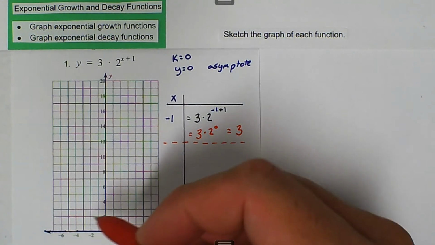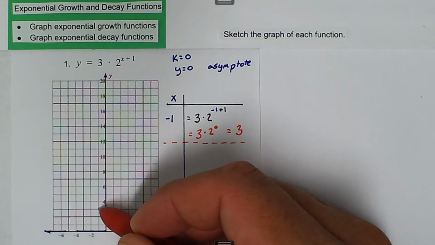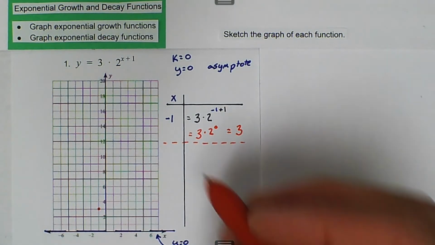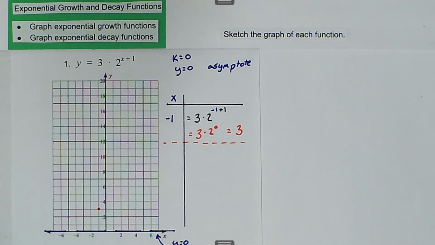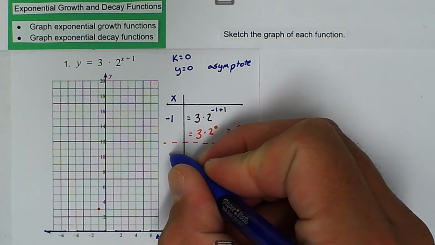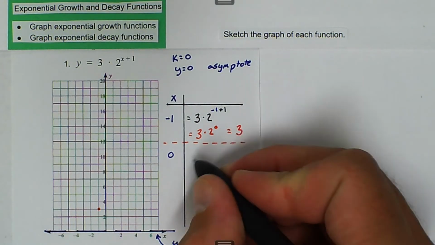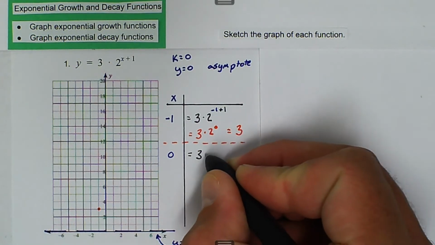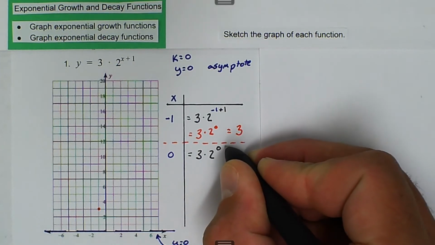So we can plot that point, -1, 3. Then I want to pick my next point, which in this case is going to be 0. So I'm going to substitute in 0 into the equation, and that's going to be equal to 3 times 2 to the 0 plus 1.